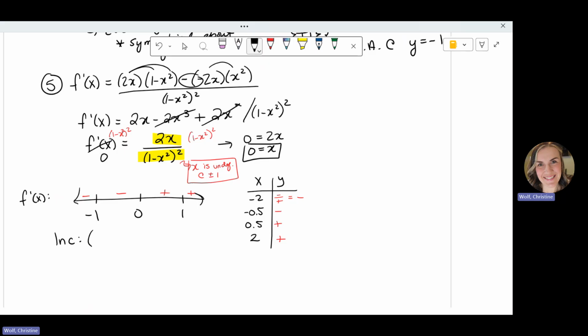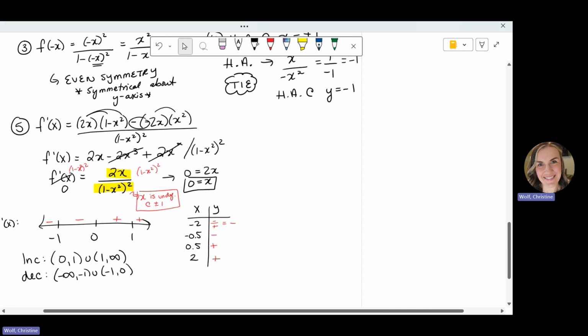So my increasing interval is from 0 to 1 and 1 to infinity. And my decreasing is whenever it's negative. So negative infinity to negative 1 with a union of negative 1 to 0. Okie dokie, done. Now we go on to step 6.